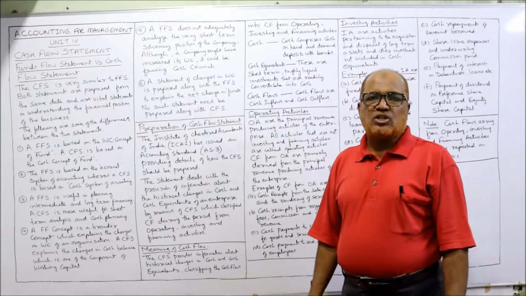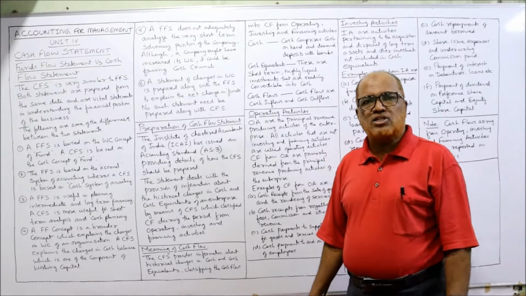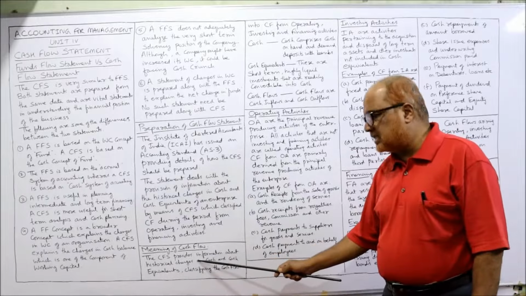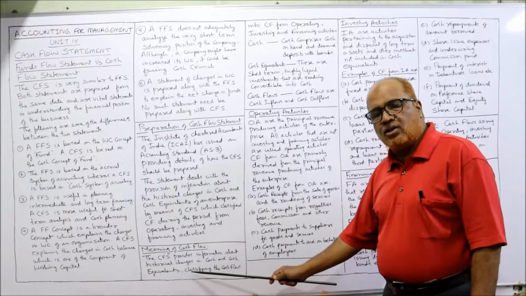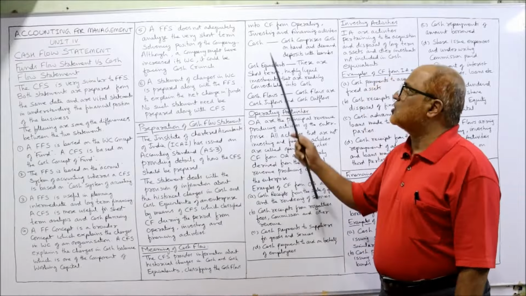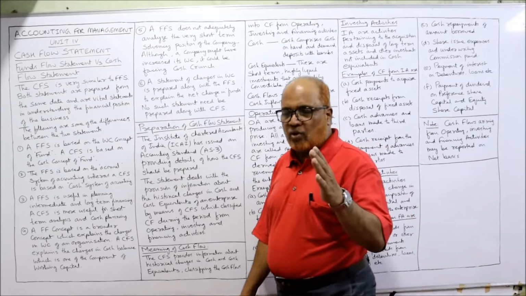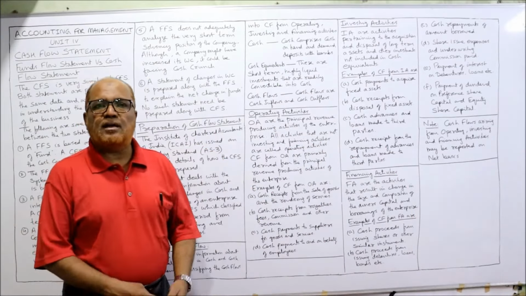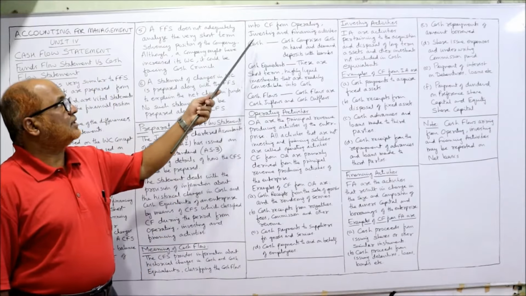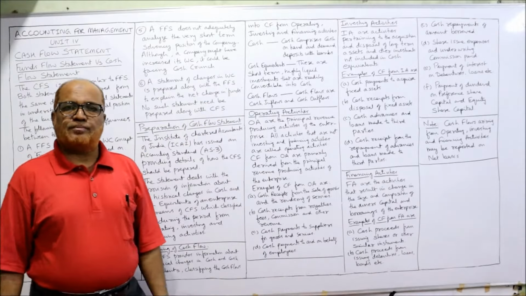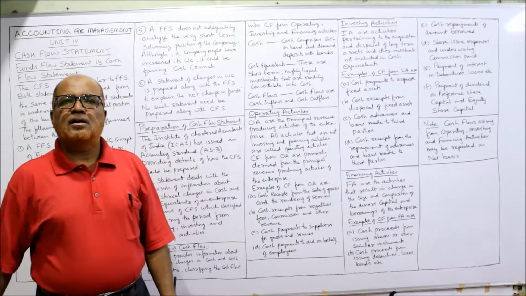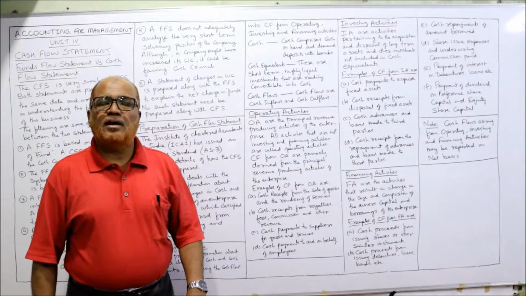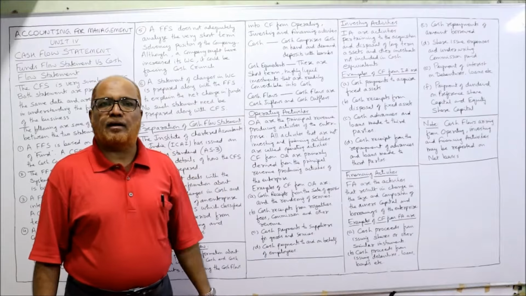Now, meaning of cash, cash flow, cash and cash equivalent. The cash flow statement provides information about the historical changes in cash and cash equivalents, classifying the cash flows into cash flow from operating activity, cash flow from investing activity and cash flow from financing activity. Now, what do you mean by cash? Cash means hard cash, cash in hand, and also demand deposits in bank.